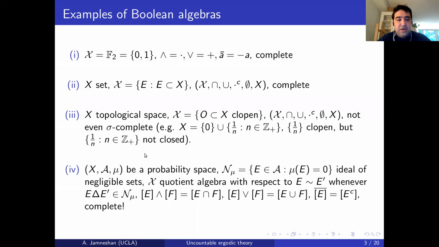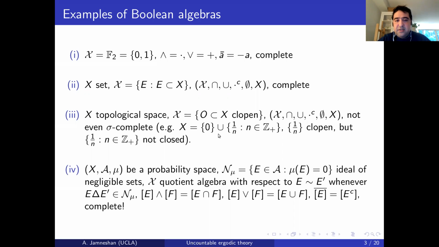So let's see another example, which will be useful a bit later in the talk. Suppose X is a topological space and take all subsets of X which are closed and open at the same time. Again, consider the usual set operations on this collection of subsets.